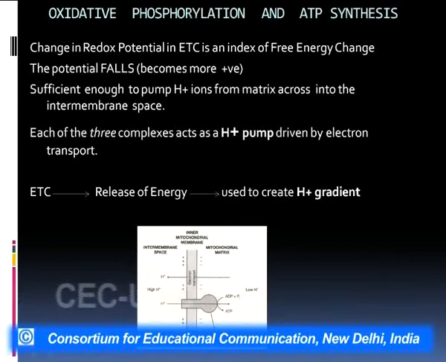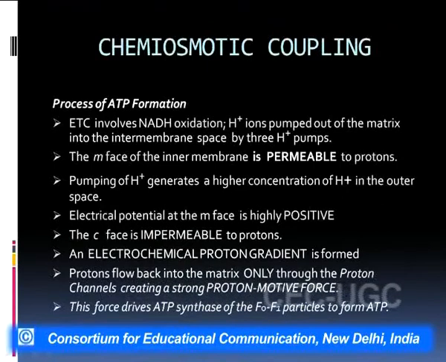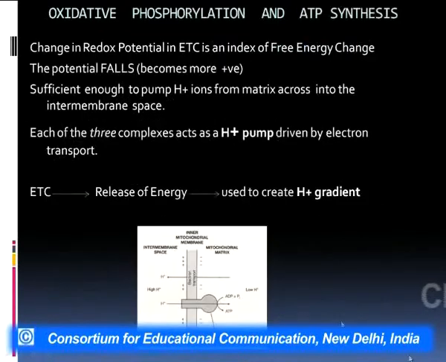What really happens is that as a result of the electron transport chain, the protons are pumped into the intermembrane space. When they are pumped into the intermembrane space, this is going to result in a huge accumulation of protons in the intermembrane space. As a result, there is a large proton gradient which is going to be formed, and these protons would like to come back into the matrix.